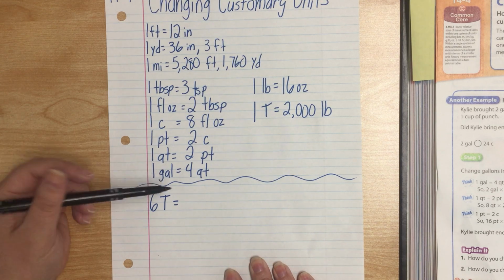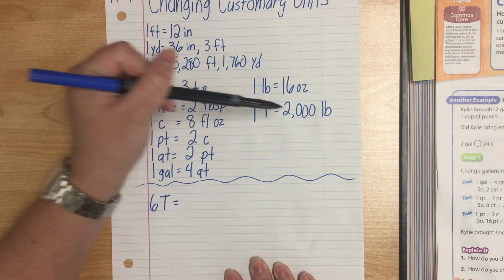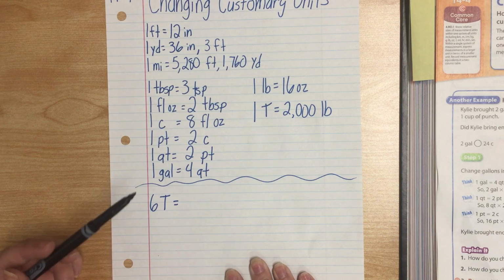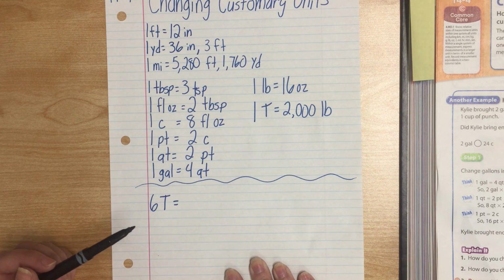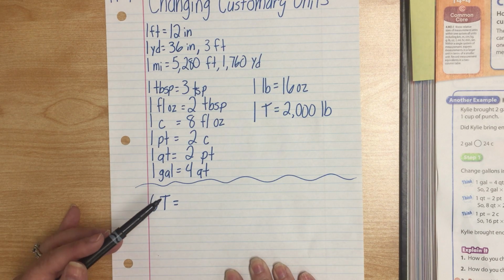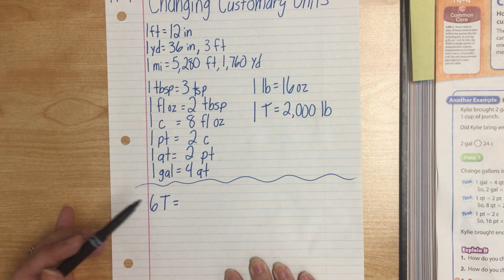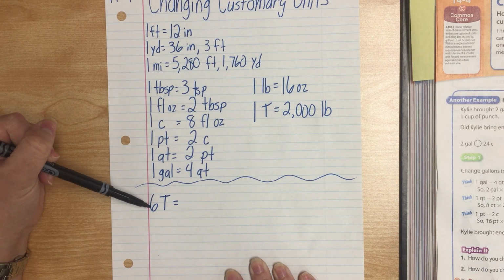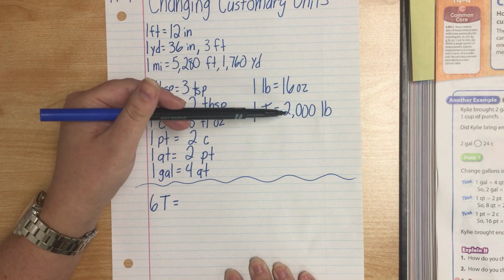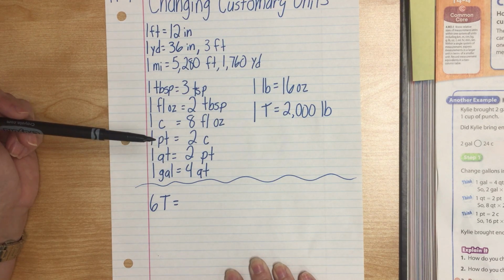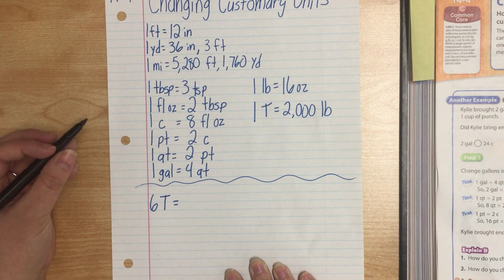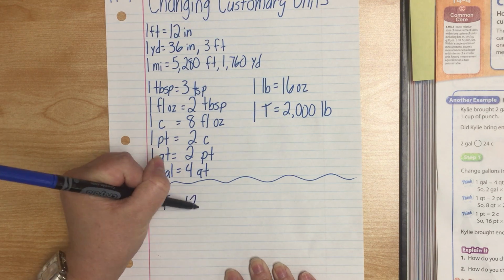I'm going to be multiplying. 1 ton is 2,000, meaning 2 tons would be 4,000. 3 tons would be 6,000. 4 tons, 8,000. We're just skip counting by 2. So I'm going to do 6 times 2 and add a bunch of zeros after it, because that's my rule of multiplying with zeros, right? So what would 6 tons be? 12,000.